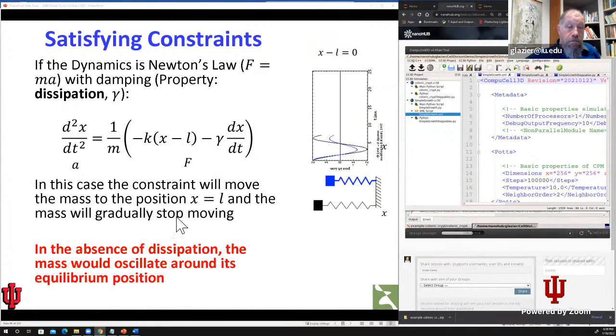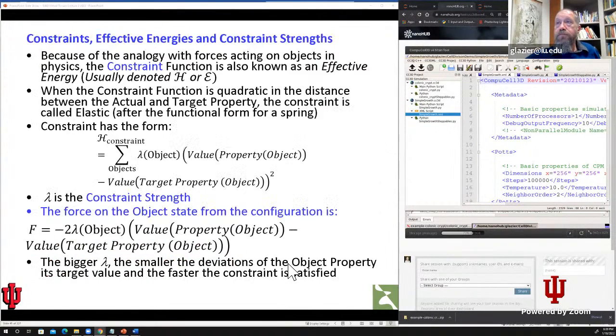If you write Newton's law equations with damping, you'll get something similar from that. You'll get satisfaction of the constraint. Dissipation is important here. If there were no loss of energy, my spring would keep oscillating around its target. It would never reach it. We need dissipation. And so it's important from a physical point of view that these are dissipative systems.